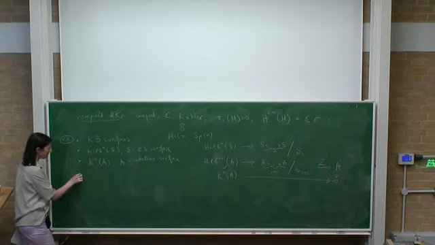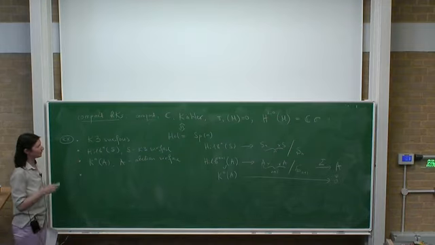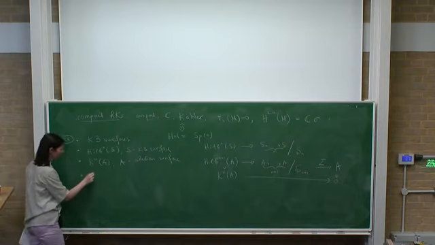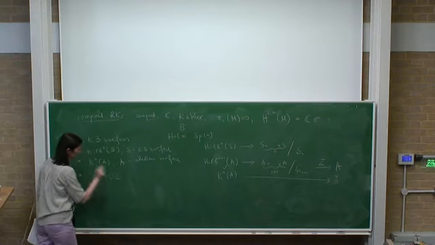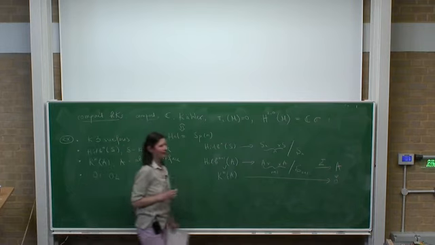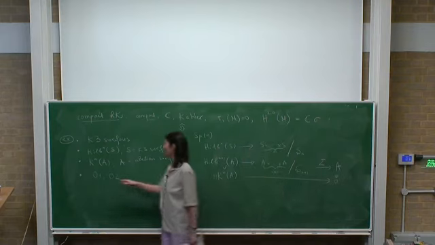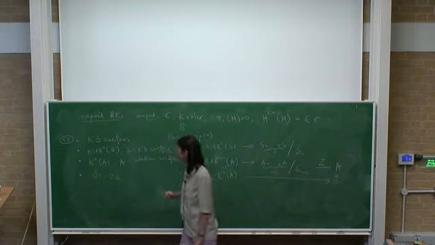Other than these two infinite series of examples, there are two more exceptional examples due to O'Grady. I call them OG6 and OG10. These come as desingularizations of moduli spaces of semi-stable sheaves, which are not stable.